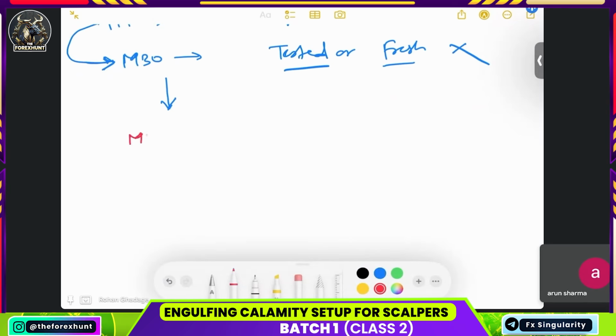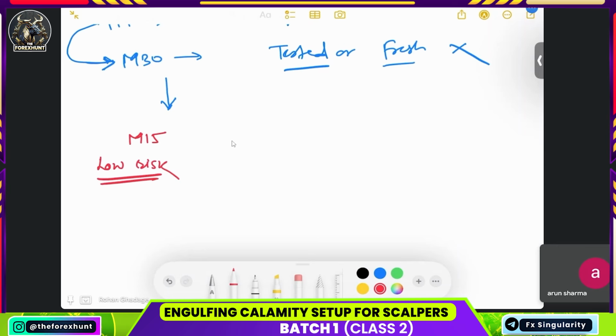We have M15, which is a low risk trade, very low.